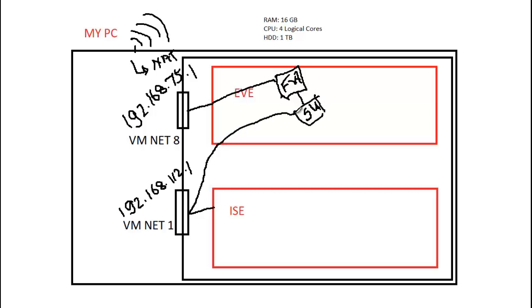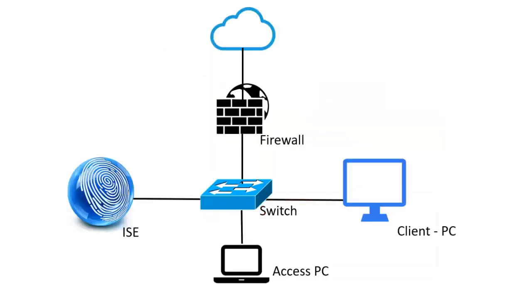This will be connected to the switch, and we can have our PC connected here. So we will have a topology where a firewall is having internet connectivity and a switch will have the connectivity with ICE, and we can do our lab on this. So this is how our virtual lab will look like.